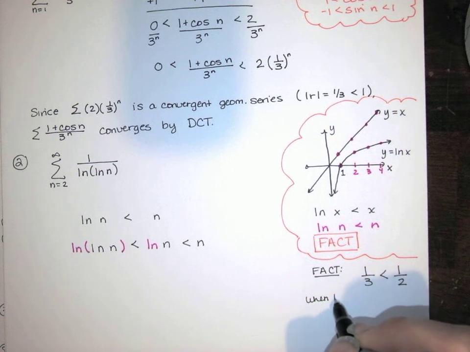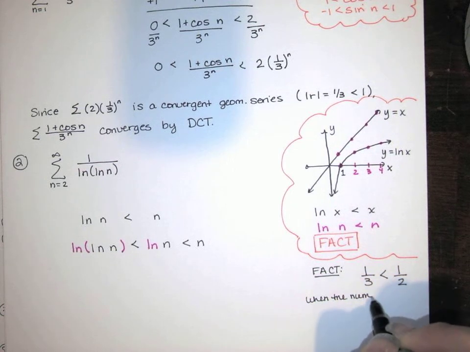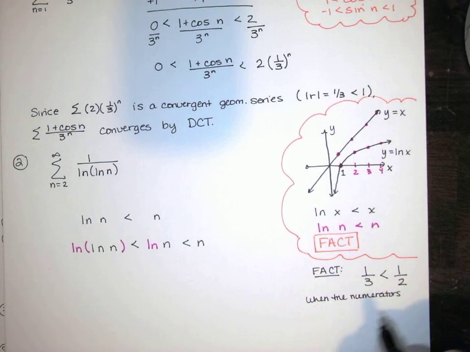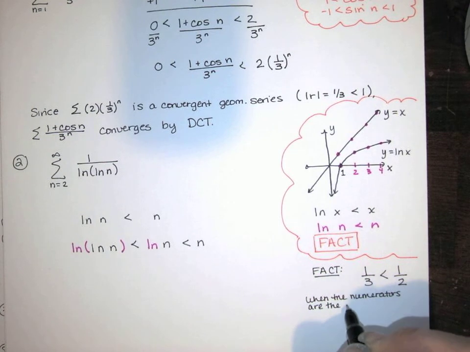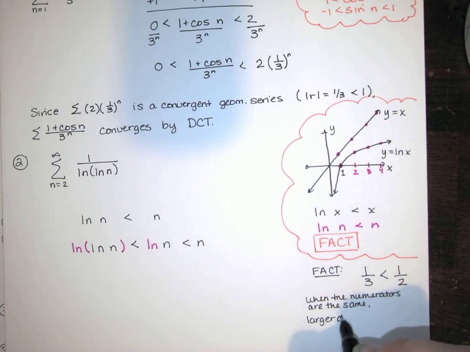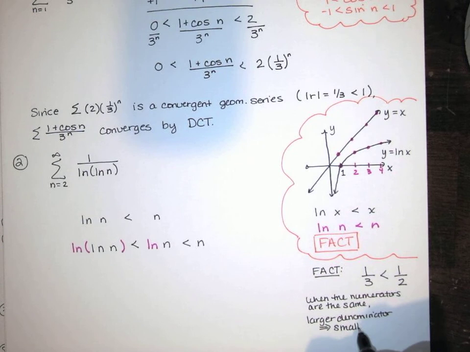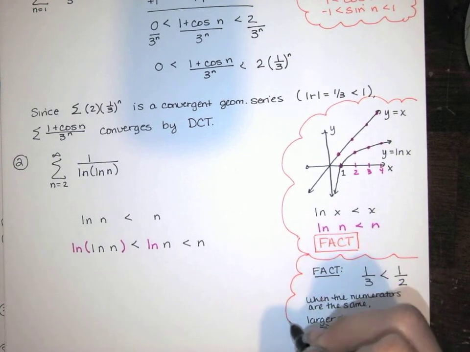So we write that down. When the numerators are the same, a larger denominator implies a smaller fraction. That's a handy fact that we're going to use right here.